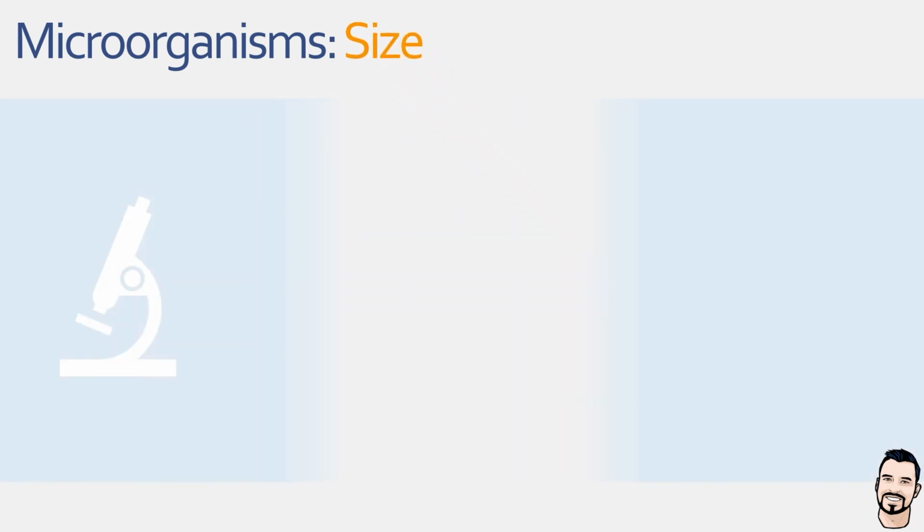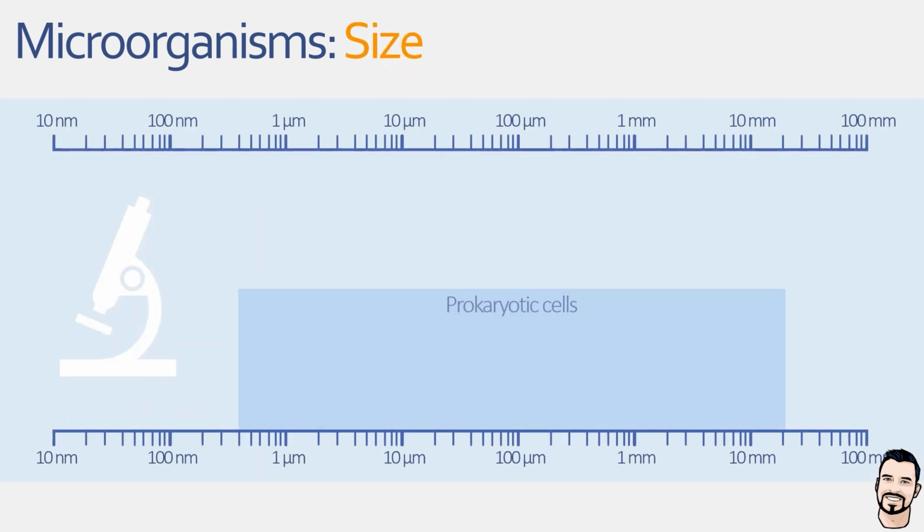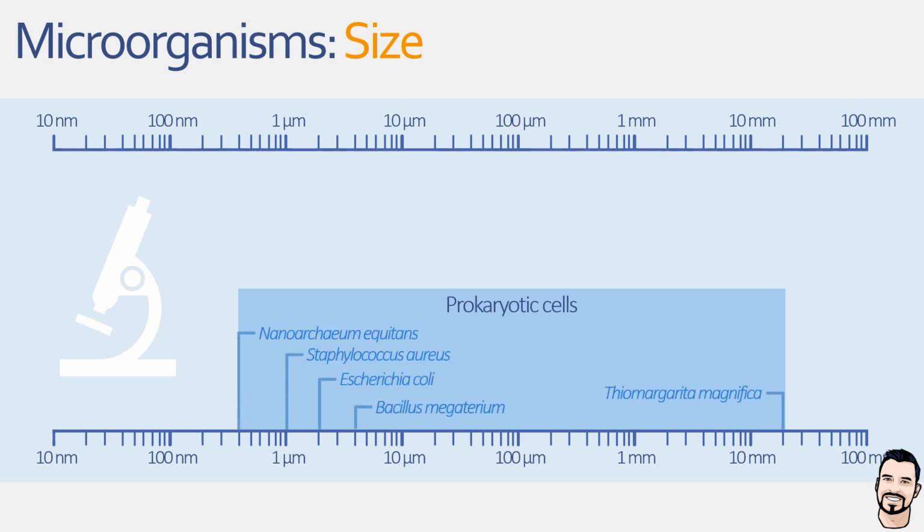Now, microorganisms come in a range of different sizes. Prokaryotic microorganisms such as bacteria and archaea are typically smaller, ranging from about 400 nanometers to 2 centimeters, and despite their small size, there's huge variety amongst them. For example, Staphylococcus aureus is about 1 micrometer in diameter, whilst Escherichia coli is 2 micrometers, making it twice as large.